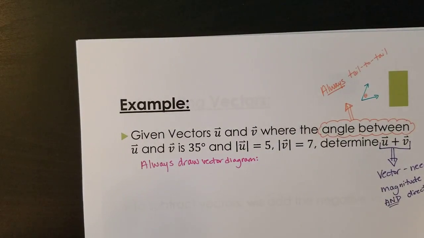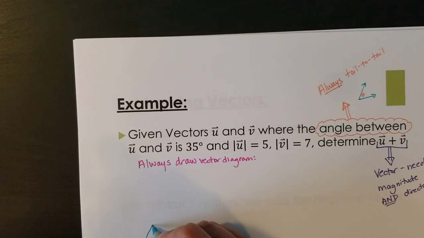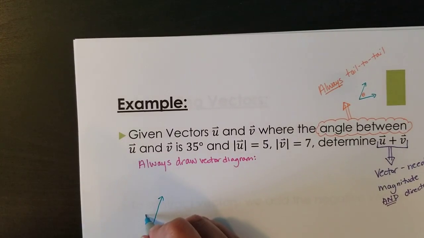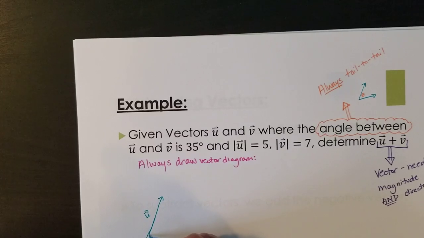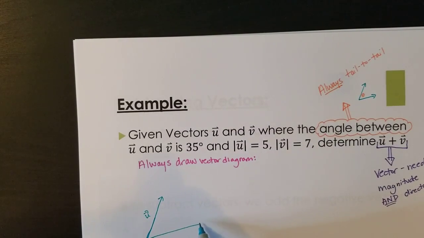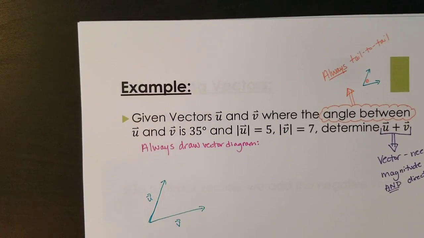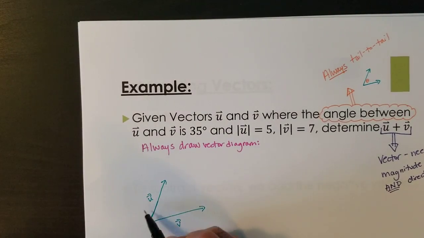So I'm going to start out with my vector diagram, and I'm going to draw vector u going up there. I probably should use a ruler because that was a little wobbly. And then I'm going to draw vector v, it's a little bit longer, out there. And this is obviously not really super well to scale, but that's okay.